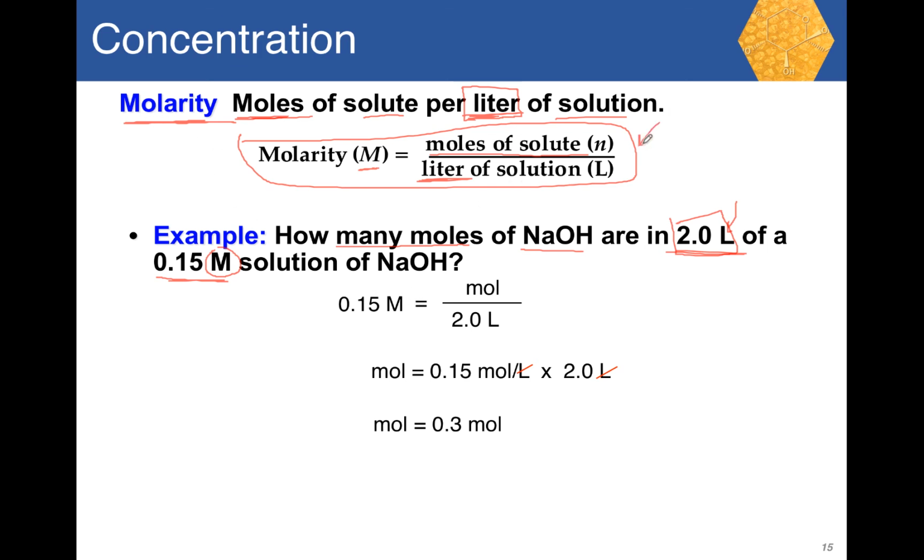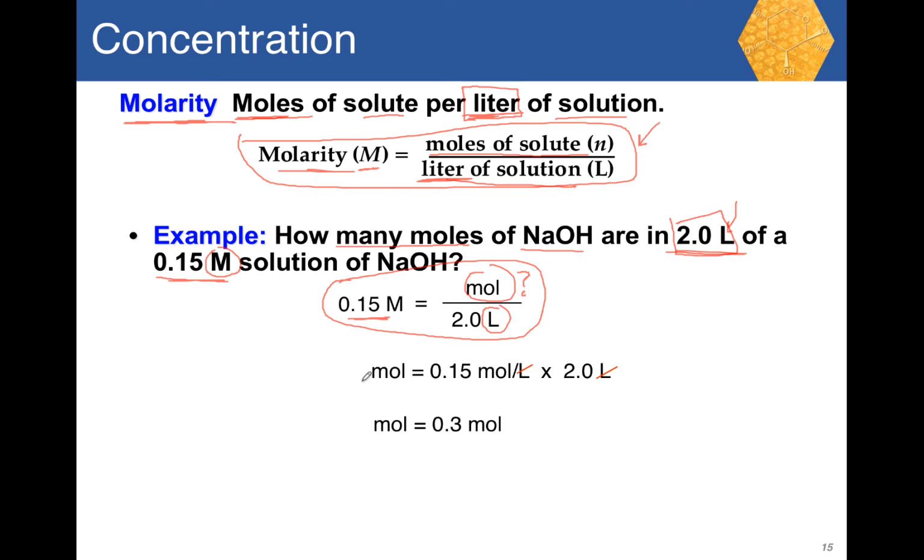Using this equation here, we just substitute the knowns and calculate the unknown. So molarity is 0.15 big M. Number of moles we do not know, and that's what we're trying to calculate. The volume is 2 liters. Make sure it's liters and not milliliters, because this is by definition.